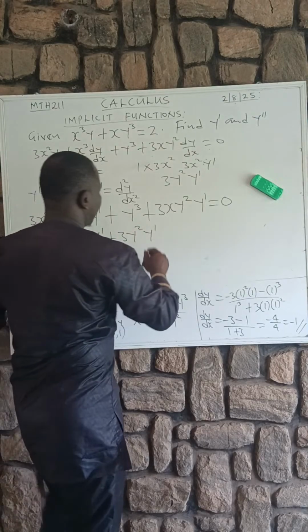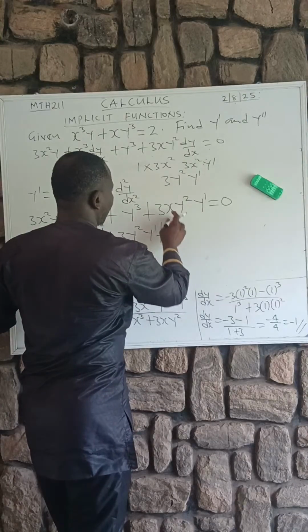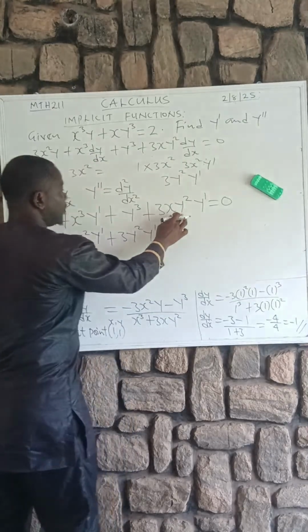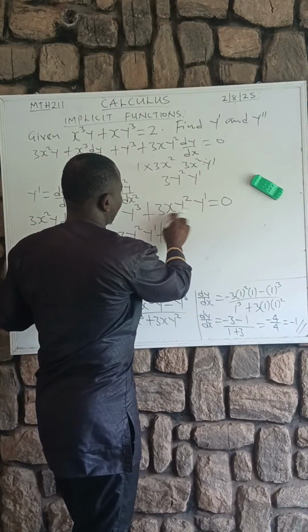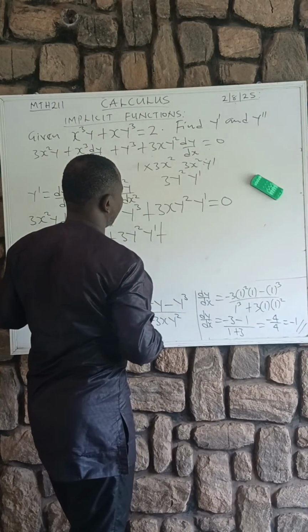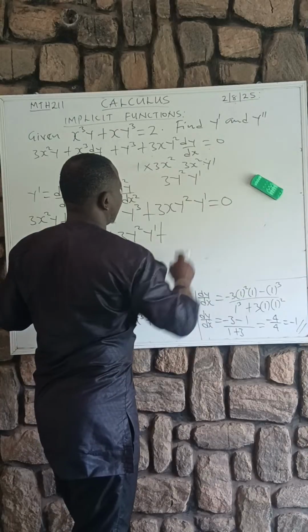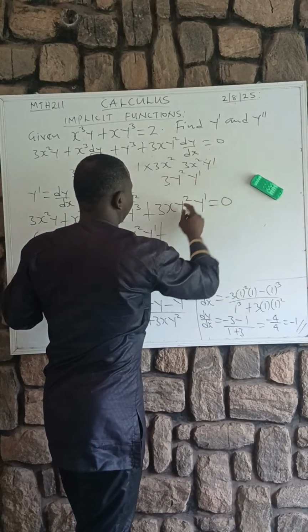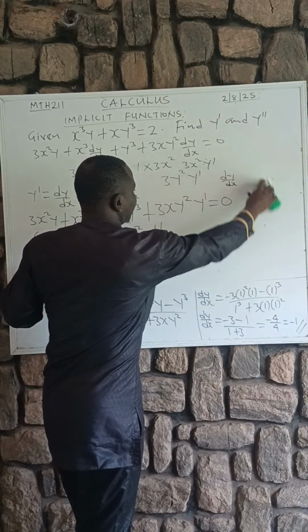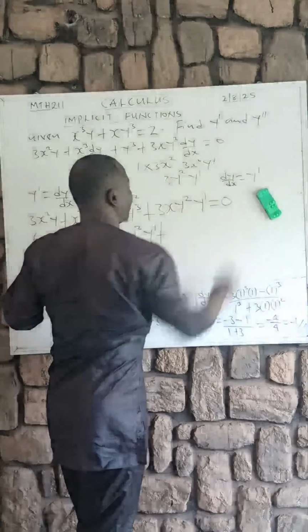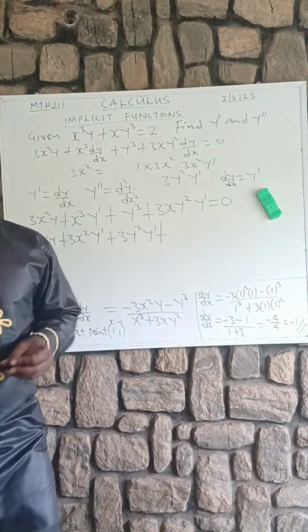Then plus, the same thing applicable here. We have two functions, but already we have dy all over dx, which is represented as y prime.